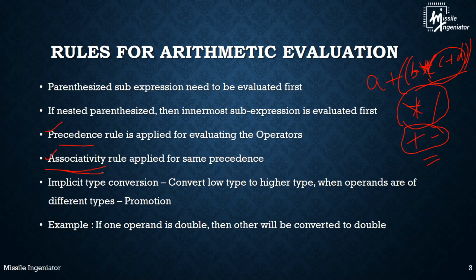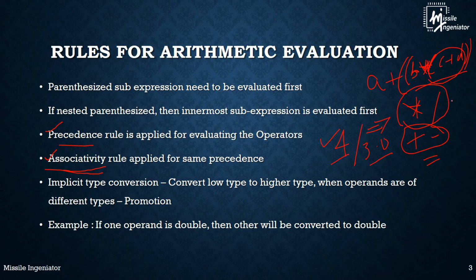If two data types are involved, suppose we perform an operation of 4 as an integer with 3.0, which is a float, the result we get is a float. This is what we call promotion, because we promote from integer to float as a result.